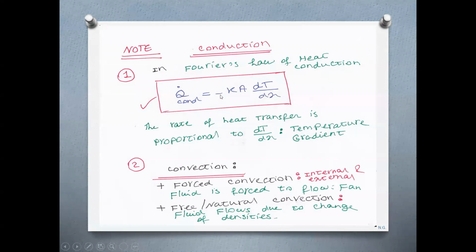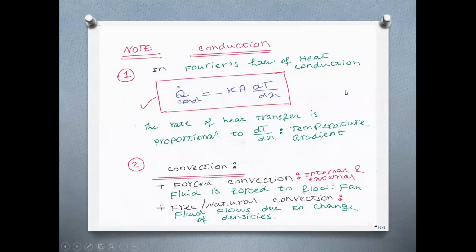By the way, we put a minus sign here because we want the rate of heat transfer to be positive. If the direction for positive x is this way, from left to right, and with increasing x, temperature drops within the wall, then if dx is positive, it means dT is negative.